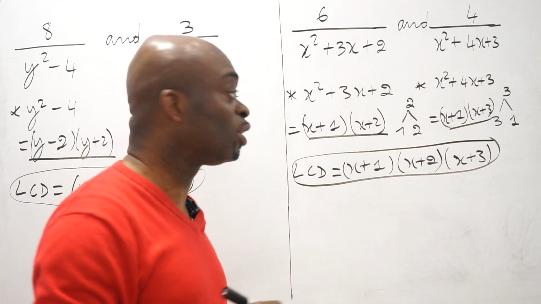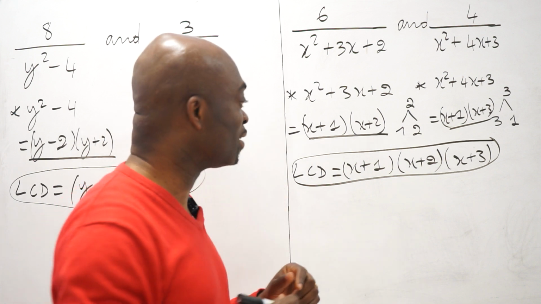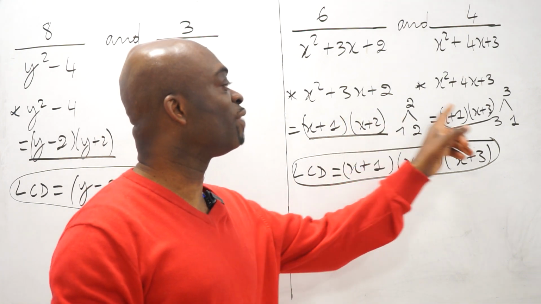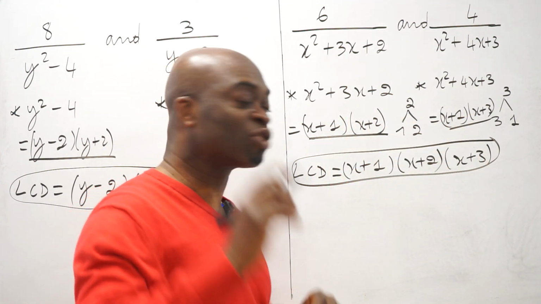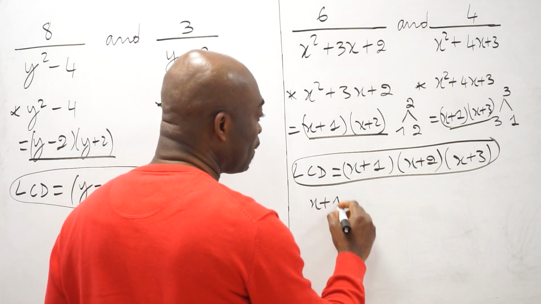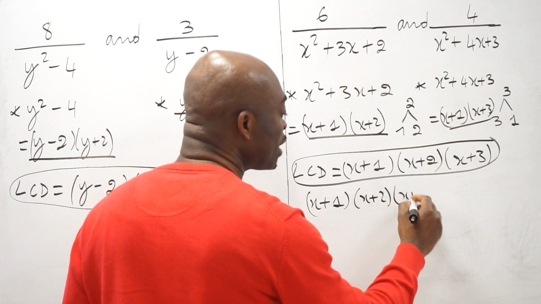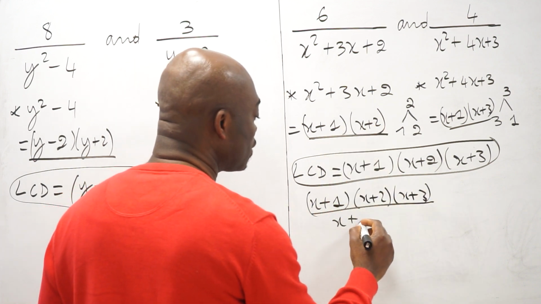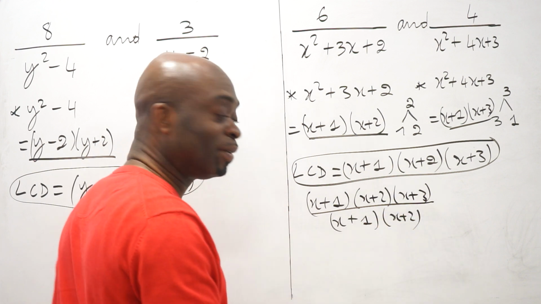Remember, the lowest common denominator is the smallest denominator such that you can divide each of the denominators into it evenly. Let's try that very quickly. If you take x plus 1 times x plus 2 times x plus 3, and divide by x plus 1 times x plus 2, what's going to happen?